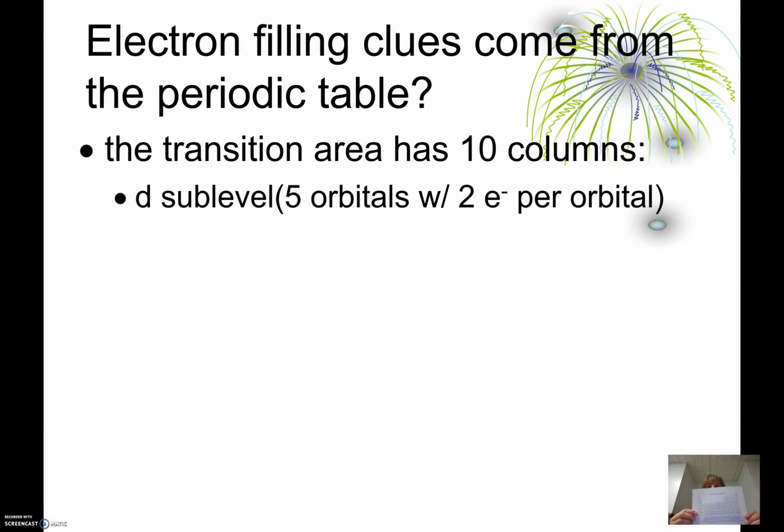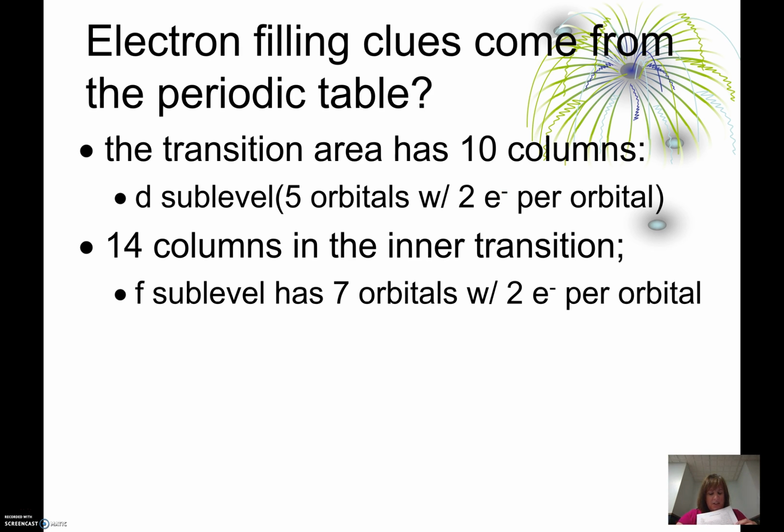Cool. And if we go to our transition elements here, that's the D block, and it has 10 columns. And down here, the inner transition elements, if we count all the way across, there are 14 columns. Guess what? That's the F block. F block, D block, P block, S block. And each of those blocks has the same number of columns as the maximum number of electrons that each sublevel can hold.